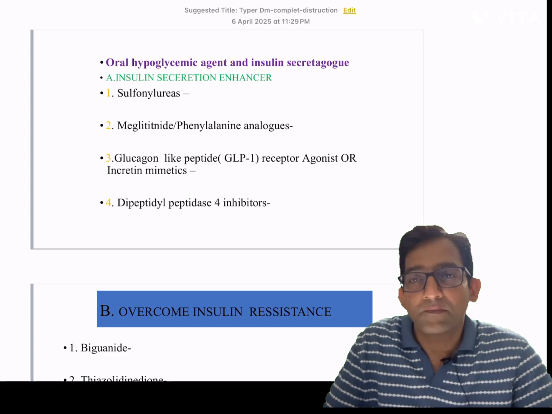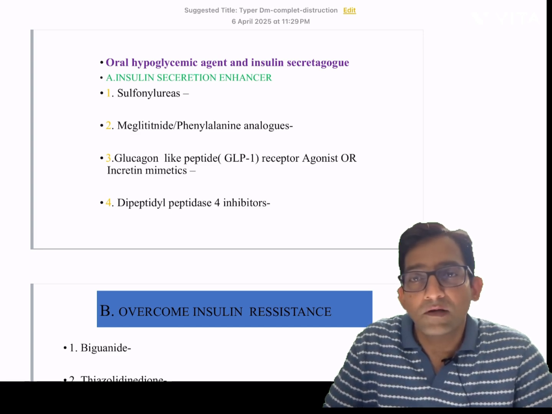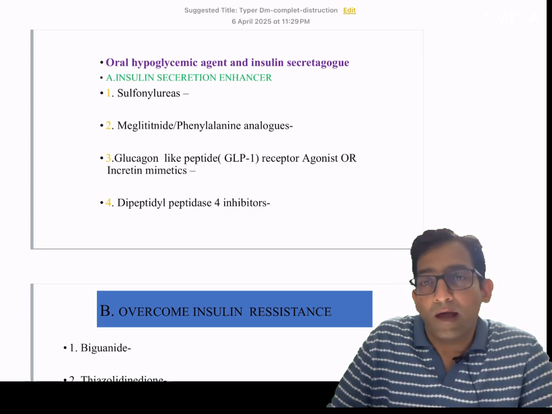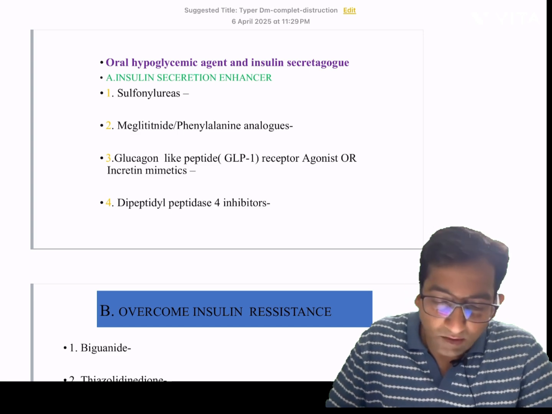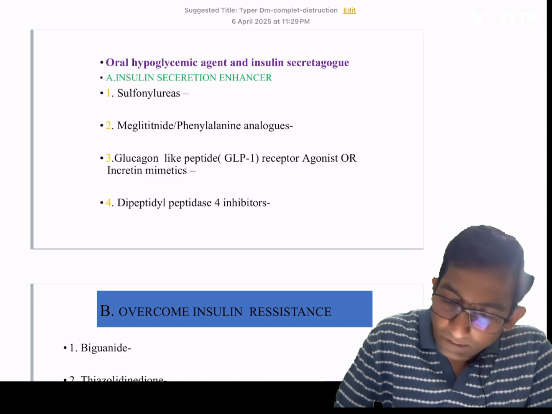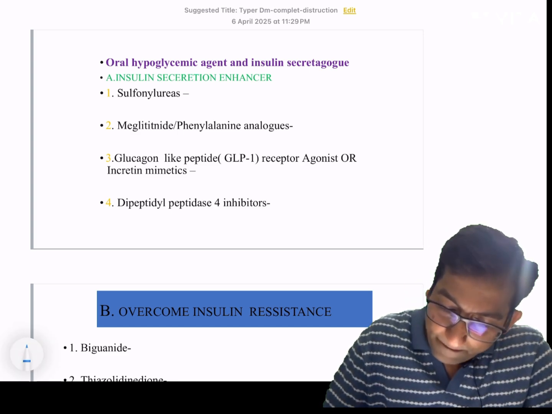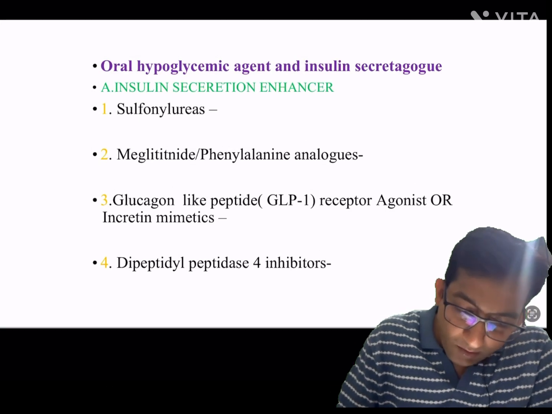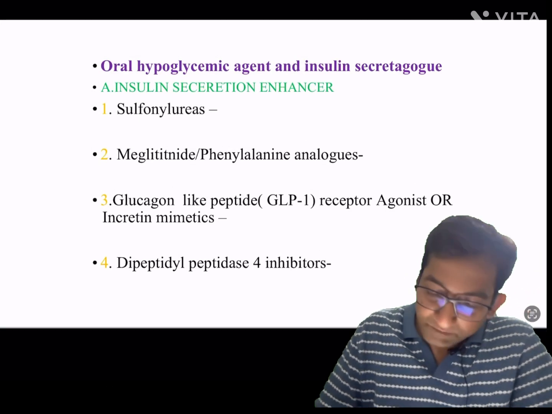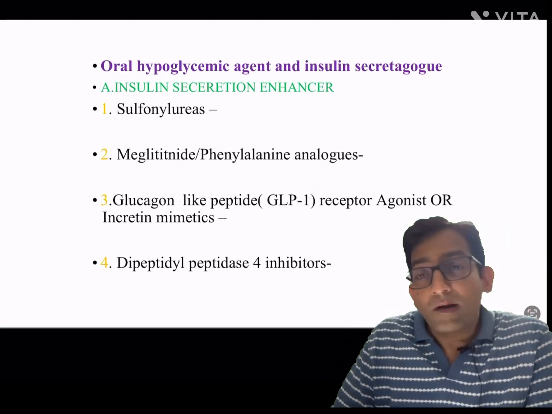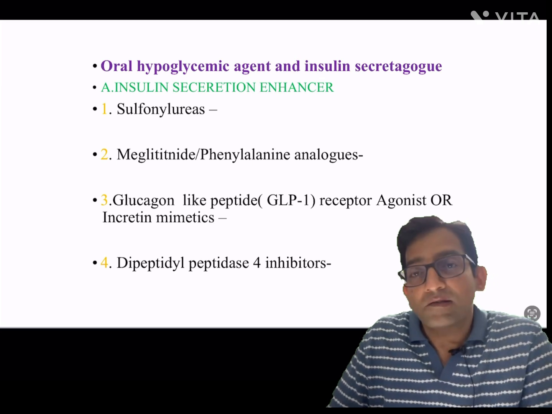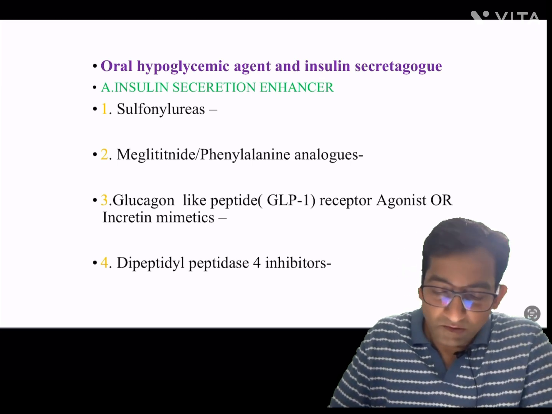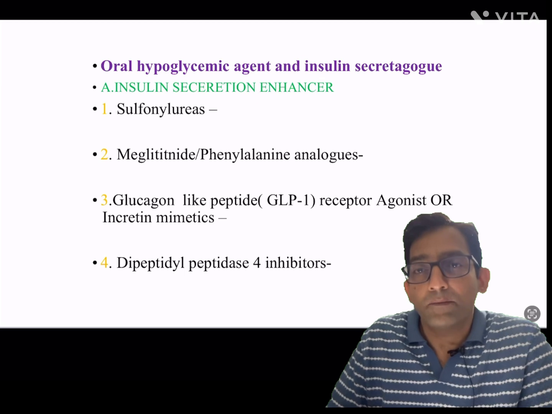These are drugs which reduce the blood glucose level and are effective orally, so they are called oral hypoglycemic agents. Nowadays, oral hypoglycemic agents are divided into different types.